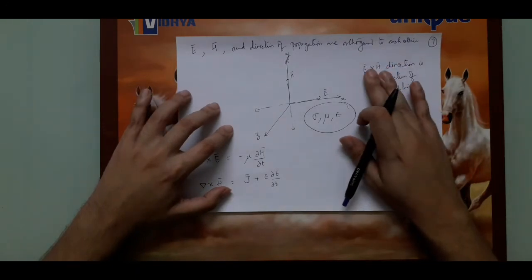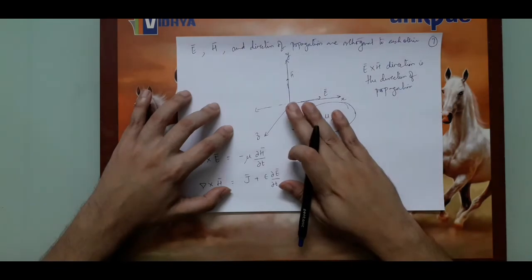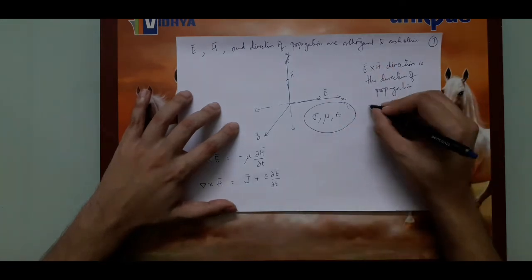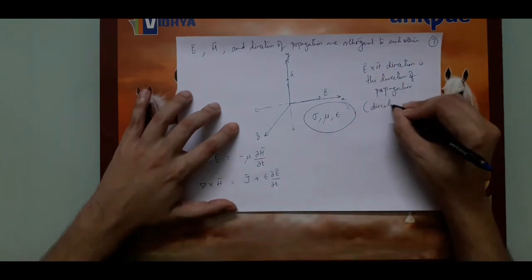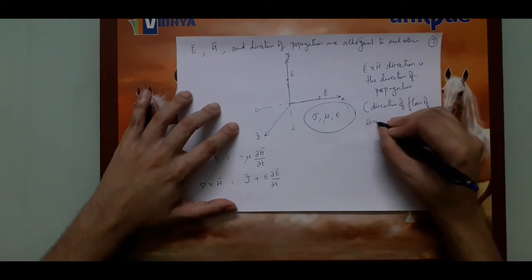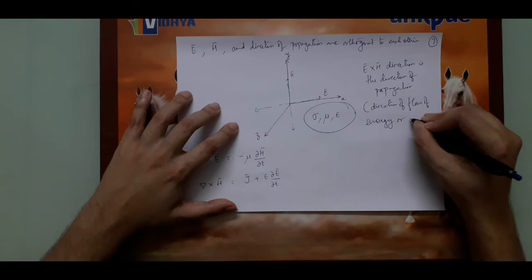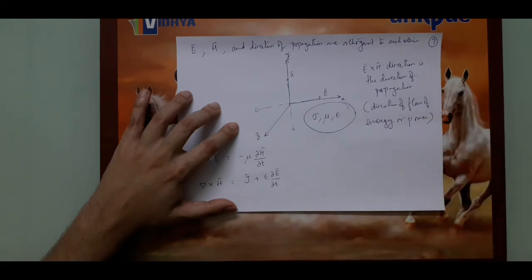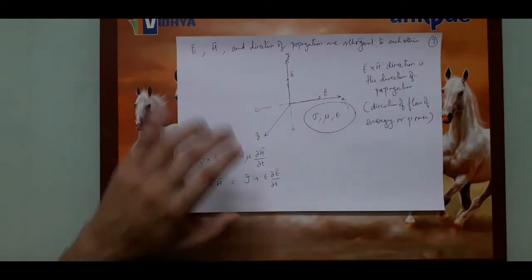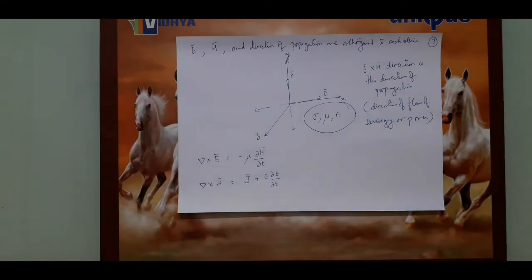Now the question is, if we were to have the direction of flow of energy, so we can also write direction of flow of energy or power. So there is no reason to think that the value of E cross H would also give us anything different.